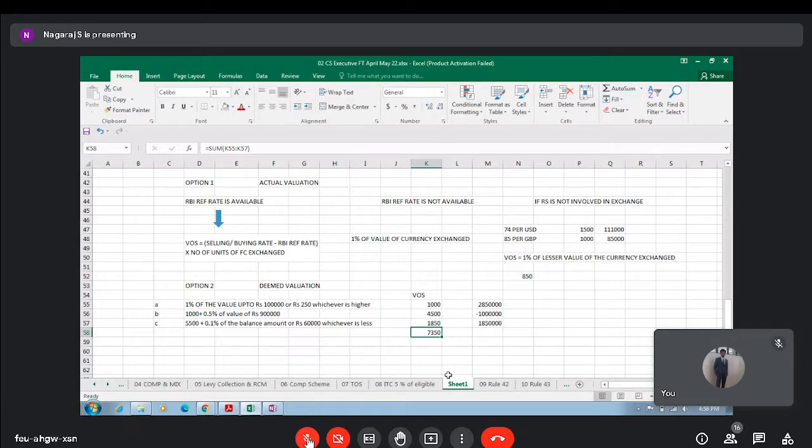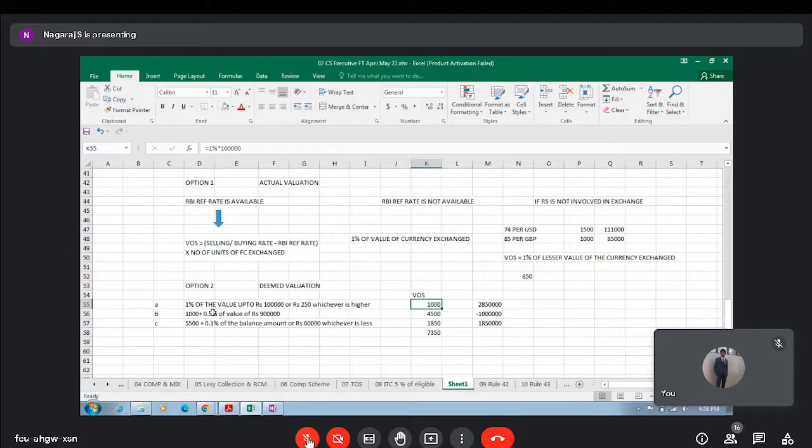Excuse me, sir. Where did the 18,50,000 come from? See, we are exchanging 28,50,000. Of that, the first 1 lakh, 1% or rupees 250, whichever is higher, becomes 1,000. For the next 9 lakhs, 0.5%.